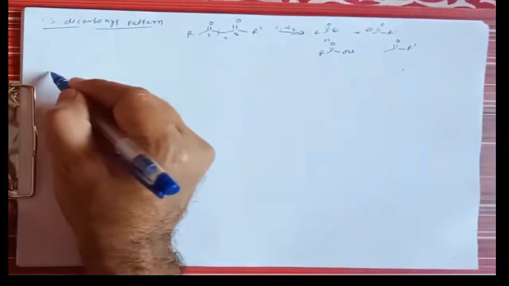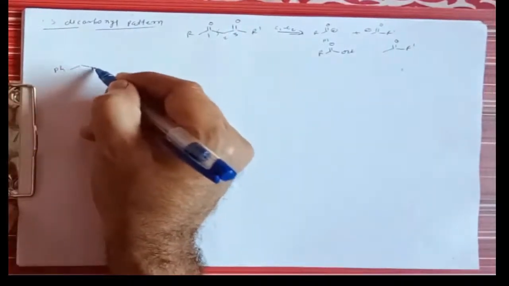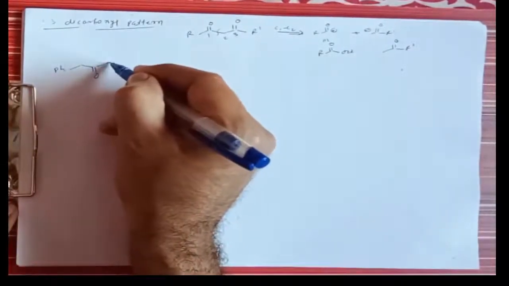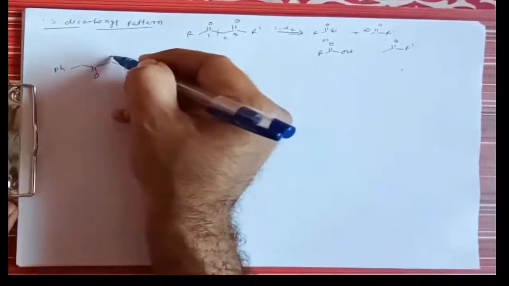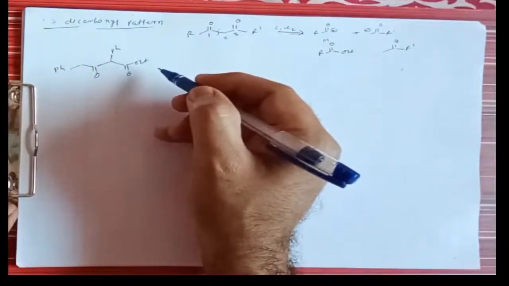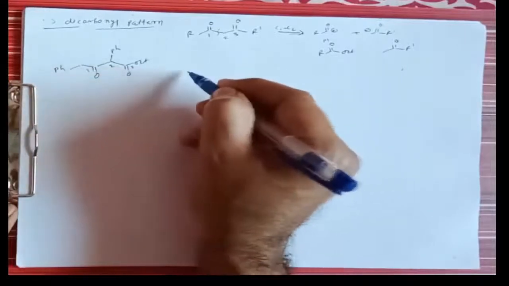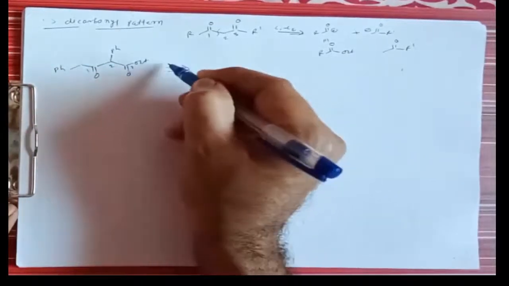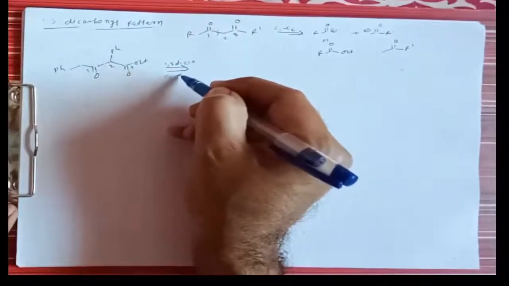Let us take one simple target molecule, that is PhCH2C=O, then CH2, then C=OOEt, and here the functional group is Ph, right? So this is the 1,3-dicarbonyl pattern, and here we can break the C1-C2 bond.